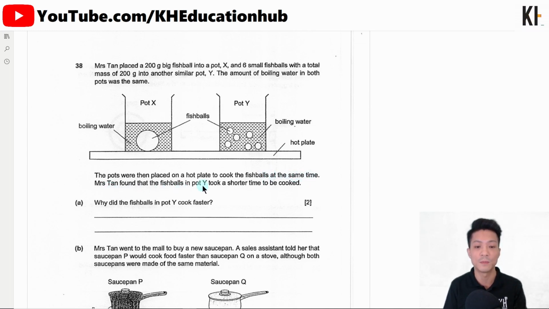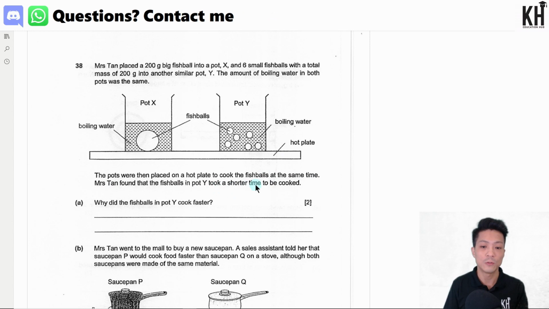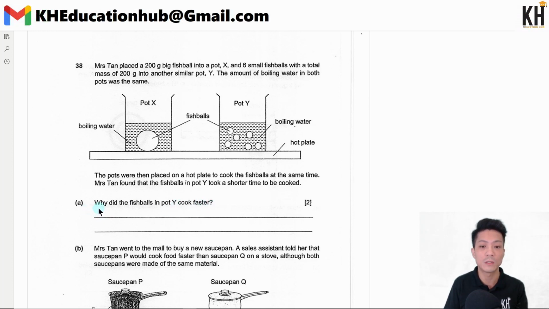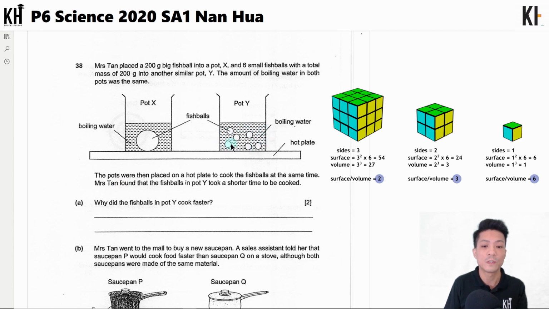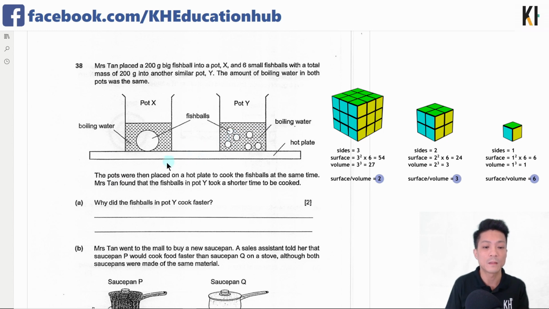Mrs. Tan found that the fish balls in pot Y took a shorter time to be cooked. So why did the fish balls in pot Y cook faster? The fish balls in pot Y cooked faster because they have a more exposed surface area to the boiling water. This one you need to understand the concept of the ratio of the surface area to the volume. When an object becomes smaller, the exposed surface area will actually increase.